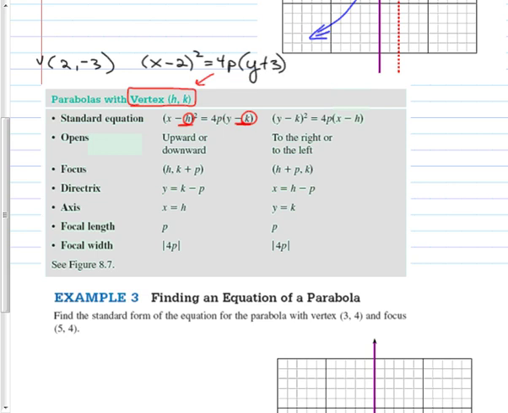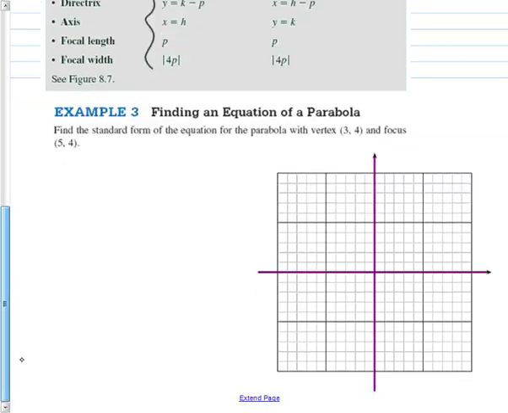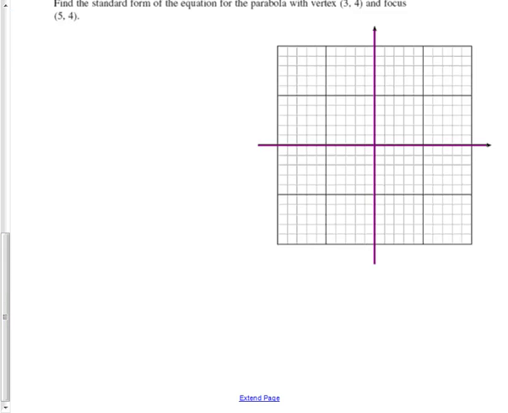There'd be the equation. Just the opposite sign. And again, they say all these things that you can memorize if you want, or I just use the diagram and figure them out. And the whole key again is that p distance. So let's try one of those.